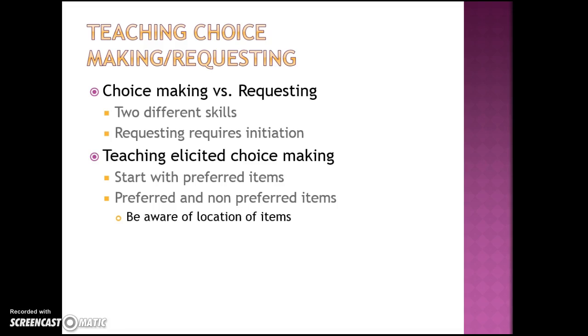Just increase your size. One thing I want you to be thinking about is the location of your symbols. So unless you're using LAMP, which is language acquisition through motor planning, unless you're specifically teaching the motor plan, make sure that you're moving around your symbol selections, because otherwise the individual might just start to hit that one button or select that one picture all the time and not really truly be even looking at the symbol to know what it is.